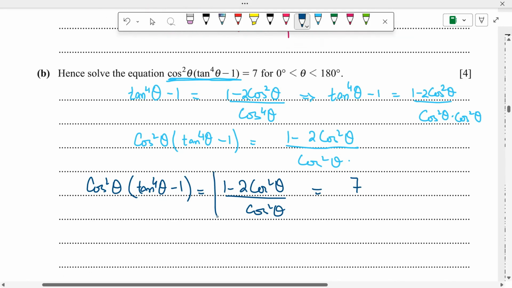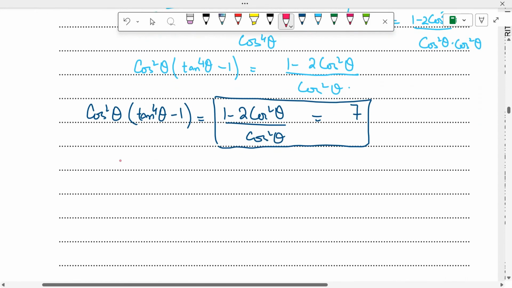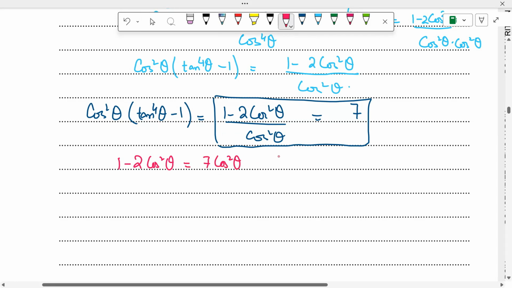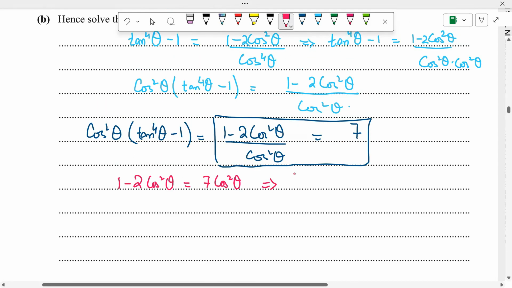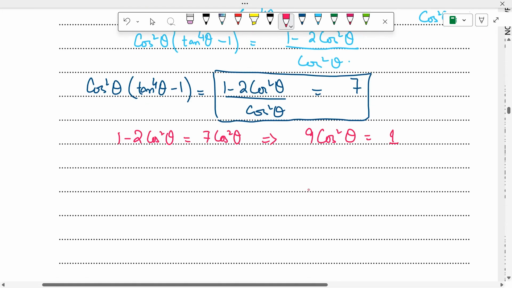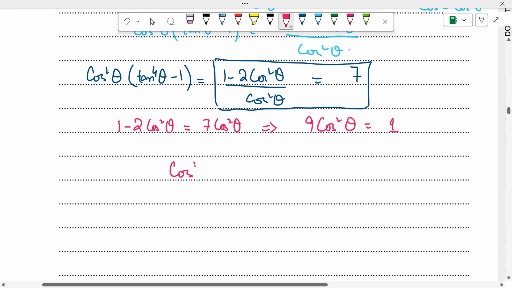So we will use this equation. By cross multiplying, we will have 1 minus 2 cos squared theta is equal to 7 cos squared theta. And this gives 9 cos squared theta is equal to 1. And we will have cos squared theta equal to 1 over 9.